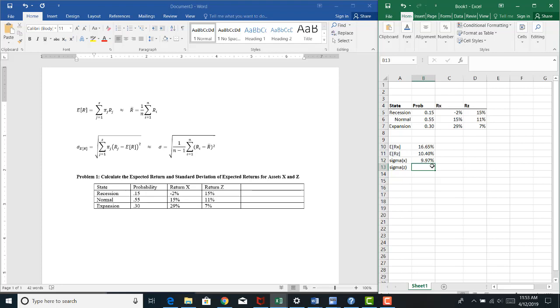Okay. I'm going to calculate the standard deviation of expected returns for stock Z as well, the same way, square root.